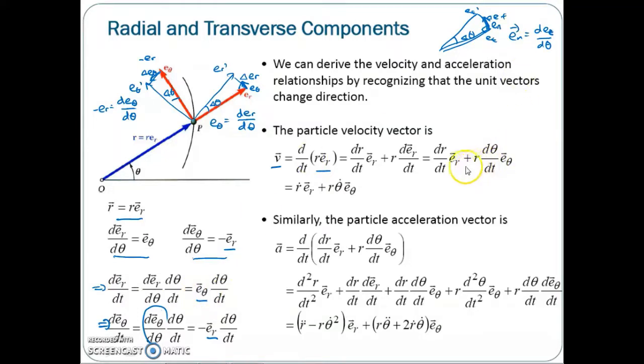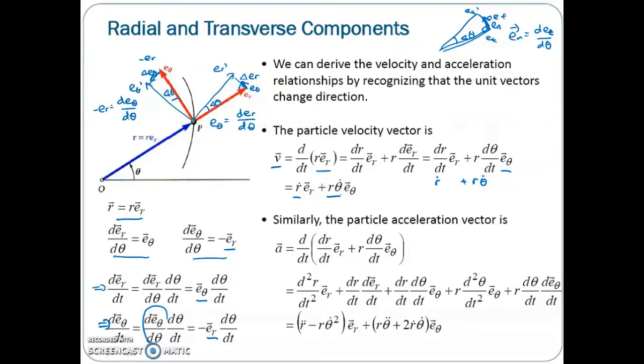So we can write our velocity vector as dr dt in the direction of e_r plus r d theta dt in the direction of e_theta. So here dr dt is our r dot. Then we have this d theta dt is our theta dot. So in the direction of radial e_r, we have r dot. In the direction of transverse or theta, we have r theta dot.